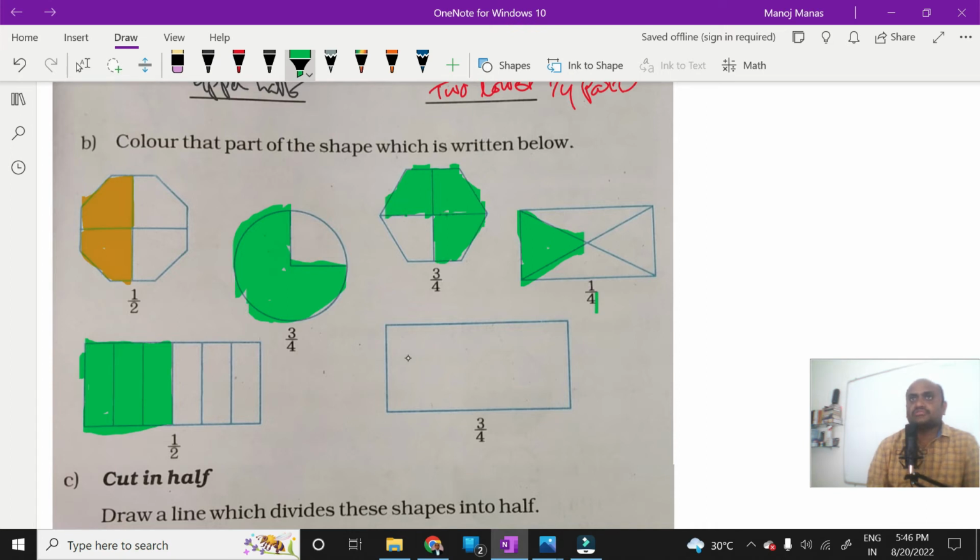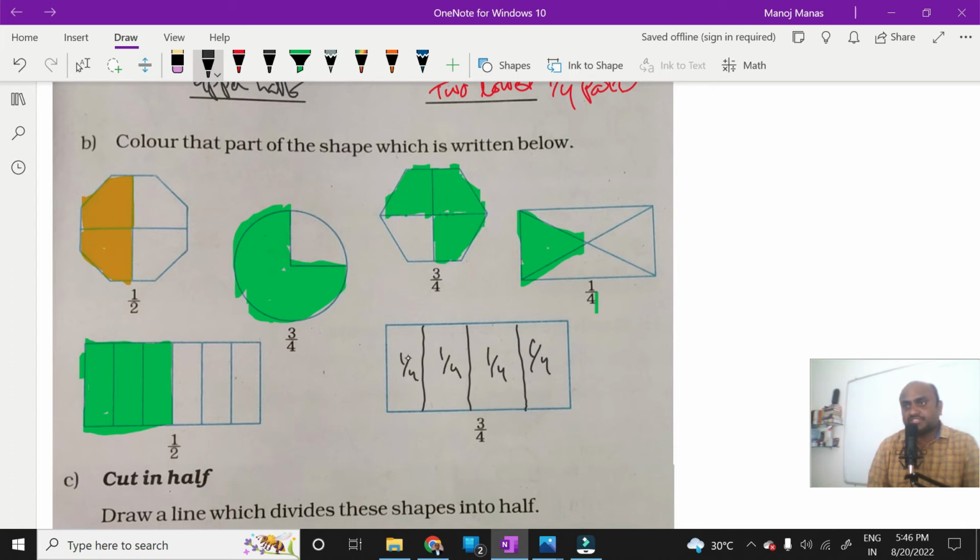So we have to first make sure that it is perfectly correct, and then only we have to draw the line. So first let me draw the line. One part, this is the second part, this is the third part, and the other one is the fourth part. So this is 1/4. Assume all shapes are equal.